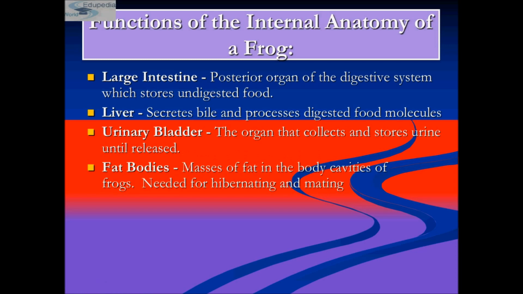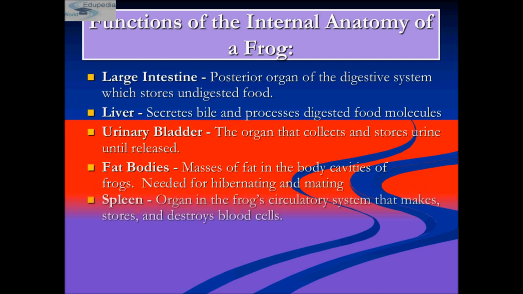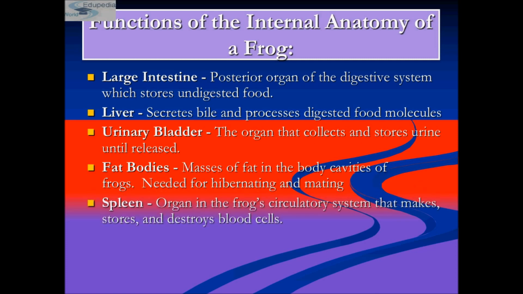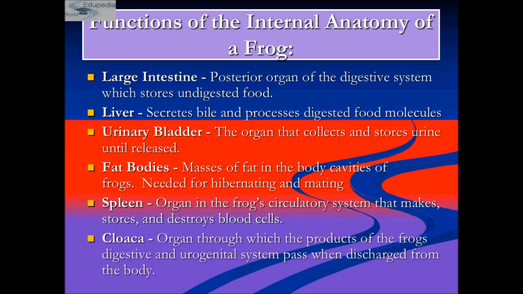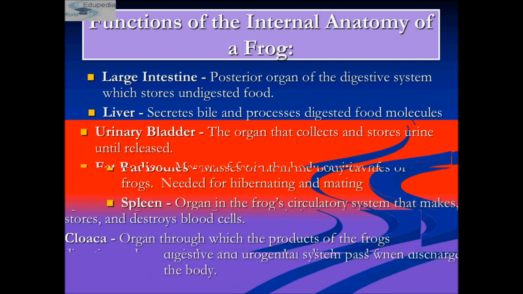These are masses of fat in the body cavity which are needed for hibernating and reproduction. Then comes the spleen. The spleen destroys red blood cells. That's why it is also known as the graveyard of RBCs, that is red blood cells. And then comes the cloaca, which is an organ through which the products of the frog's digestive and urogenital system pass when discharged from the body.